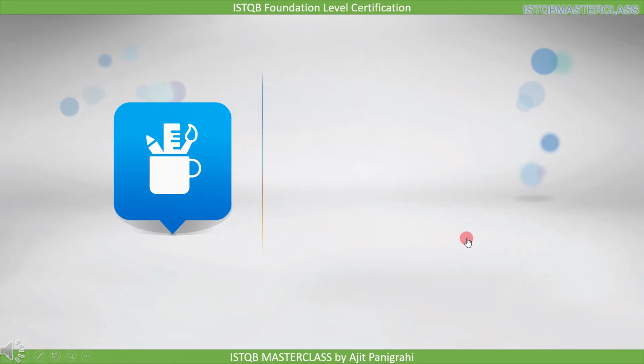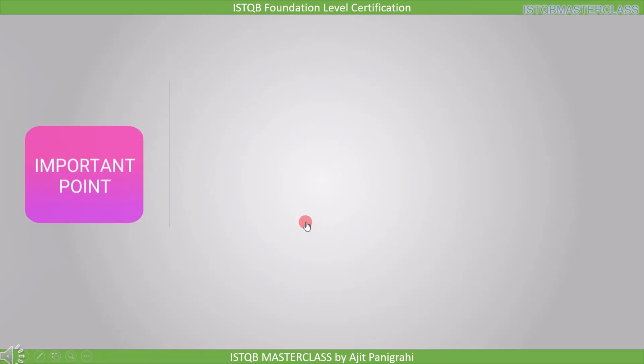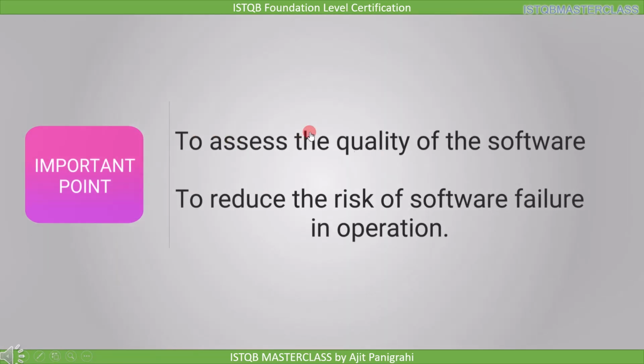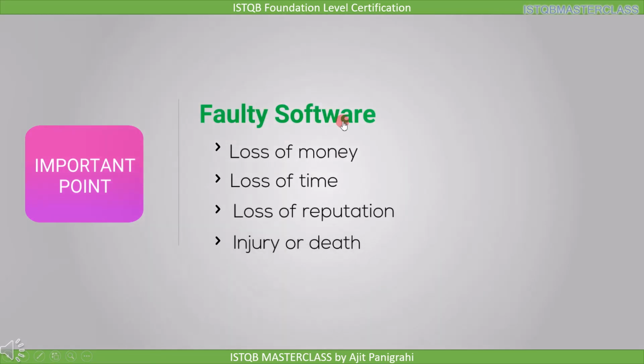Before we end this lecture, let's have a look at the important points. Testing is done to assess the quality of the software and to reduce the risk of software failure in operation. Next point is, faulty software can result in loss of money, time, reputation, and injury or death.